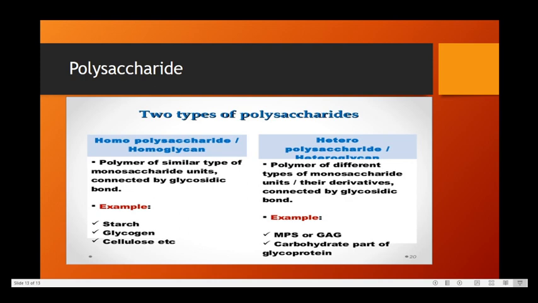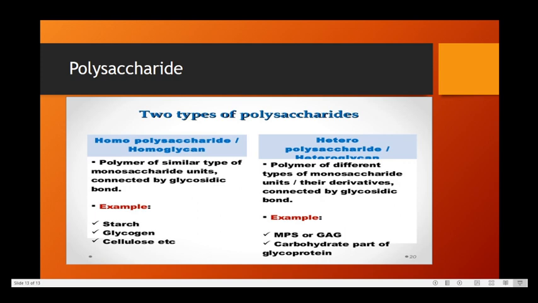Now polysaccharides. There are two types of polysaccharide molecules: homopolysaccharide or homoglycan, and heteropolysaccharide or heteroglycan. In homopolysaccharides, similar types of monosaccharide units are connected by glycosidic bonds, but heteropolysaccharides or heteroglycans are polymers of different types of monosaccharides and or their derivatives, and these are also connected by glycosidic bonds.